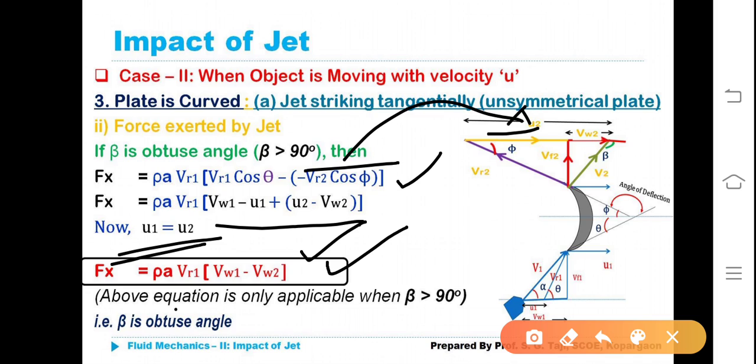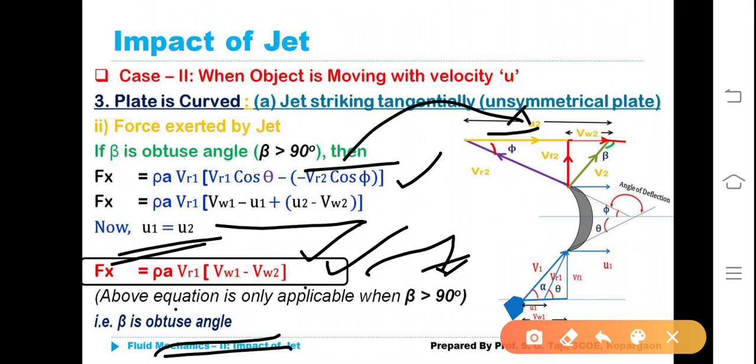When beta was acute angle, what we got? Rho A Vr1 whole multiplied by Vw1 plus Vw2. Only sign has changed. All rest magnitudes remained unchanged. So this is the equation for the case when beta is an obtuse angle.